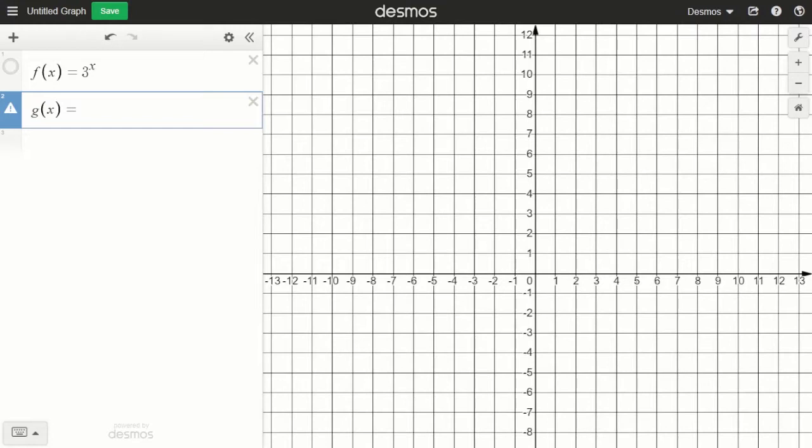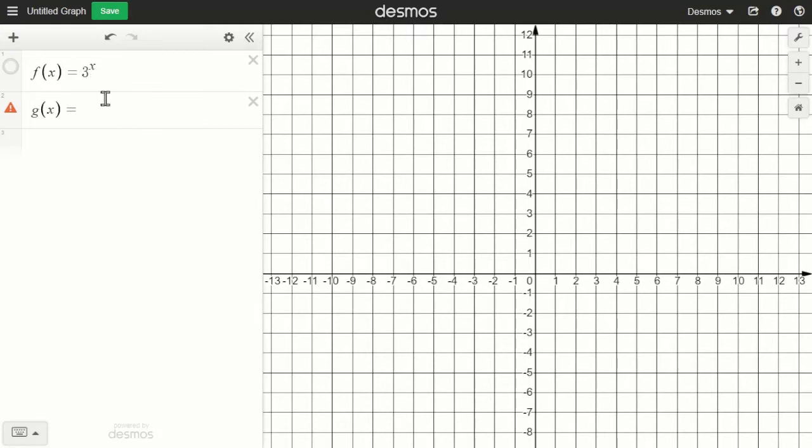All right, so now on my web browser, allow me to show a complete view of the web browser with Desmos right here, where we can see the command entry lines. So I'm going to start out, just like how we were doing in example 4, with 3 to the x as our parent function.